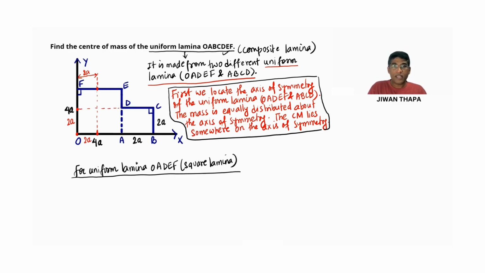What we find is that these two dotted lines are called axes of symmetry.